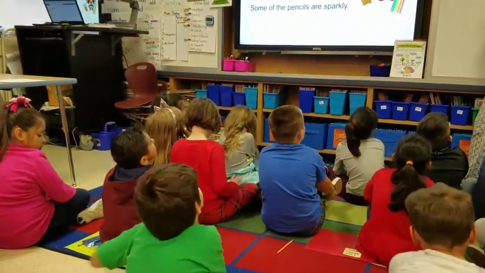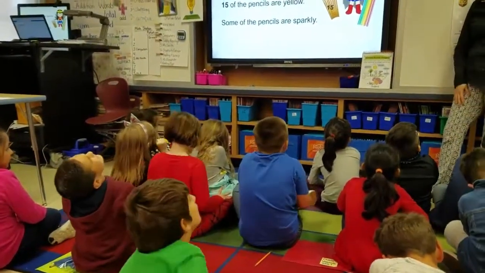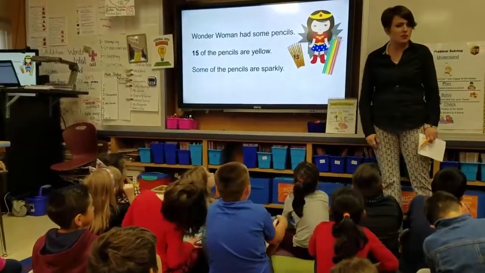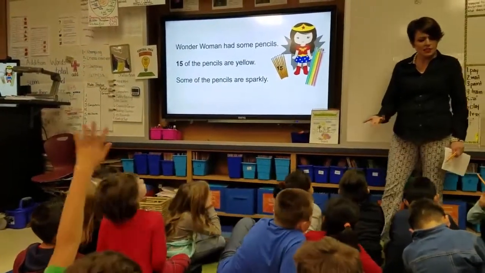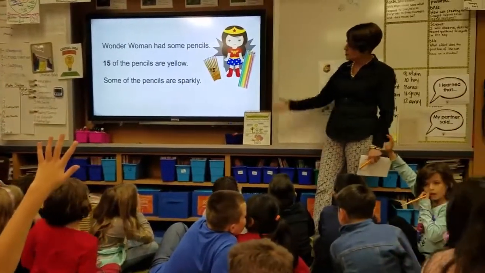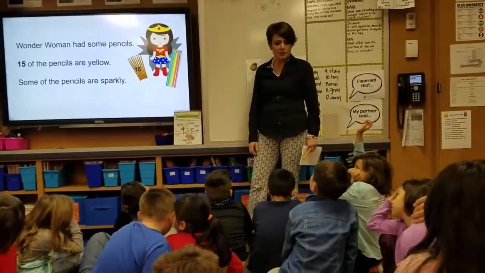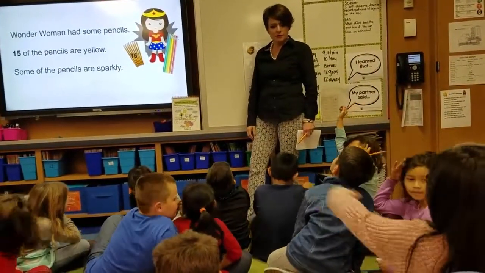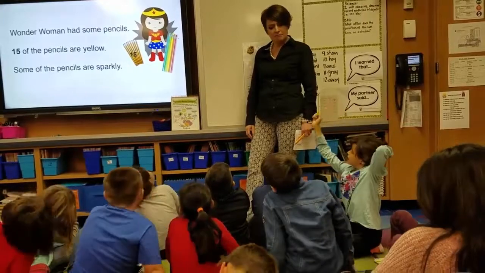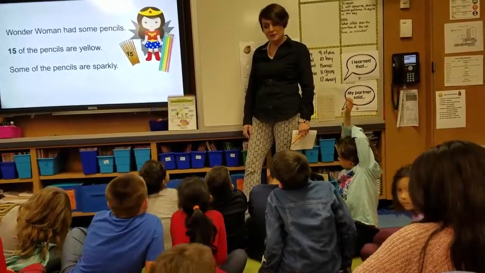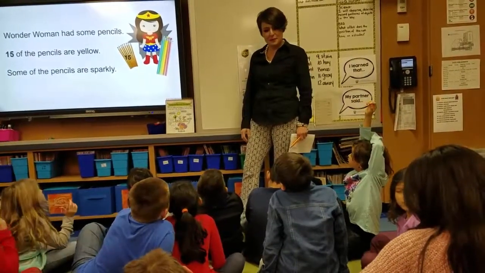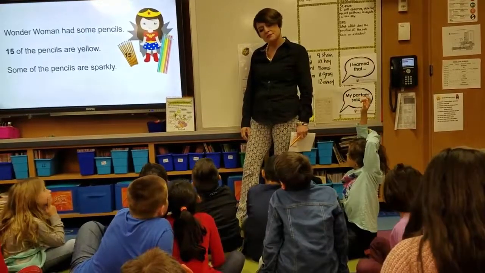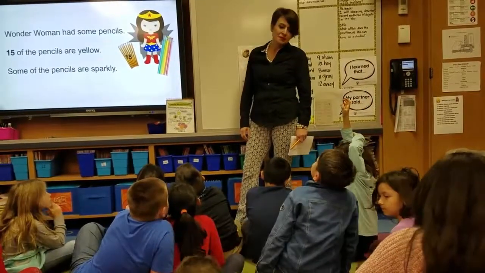5. 5, that would be reasonable because we see in our example maybe there's 5. Let's see, Ryan, is there a number that you think would be a reasonable number of pencils that Wonder Woman has? What do you think?